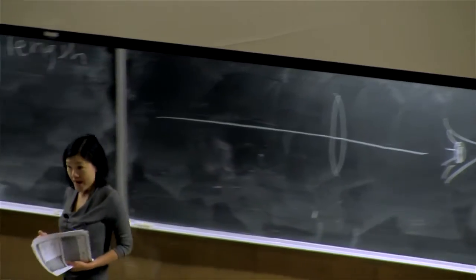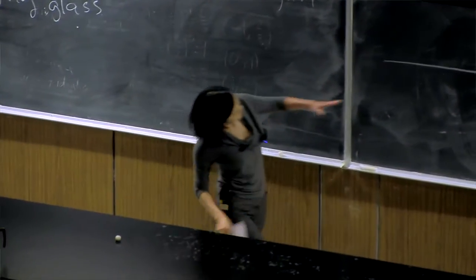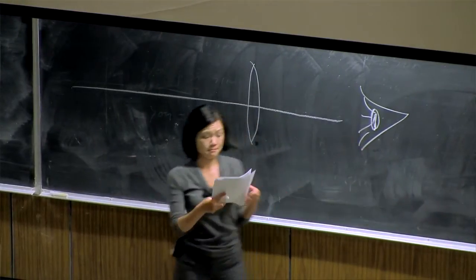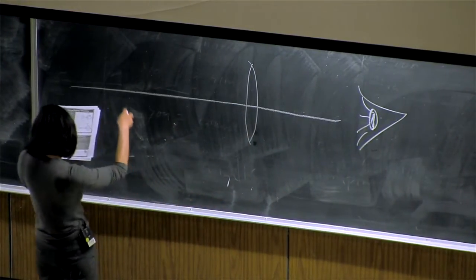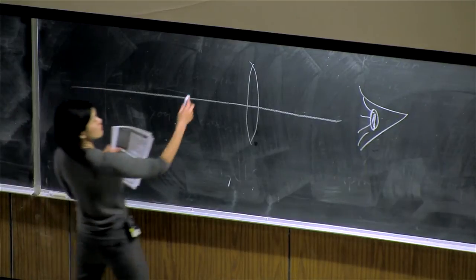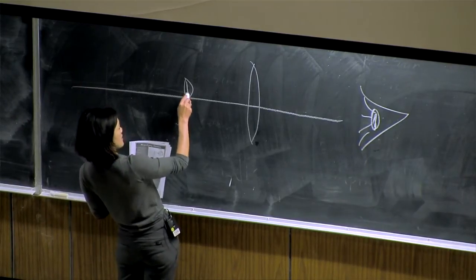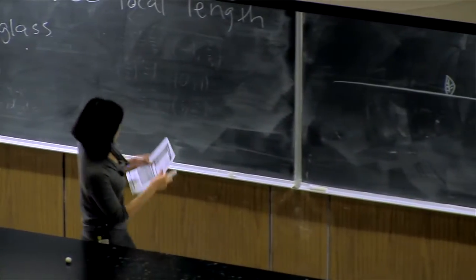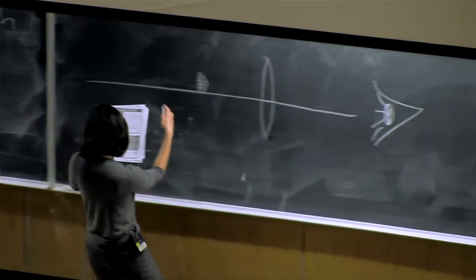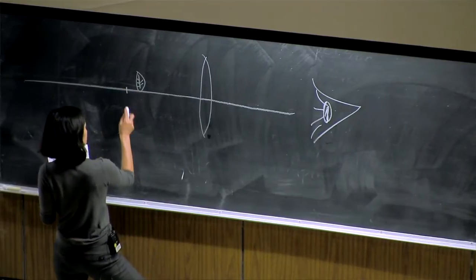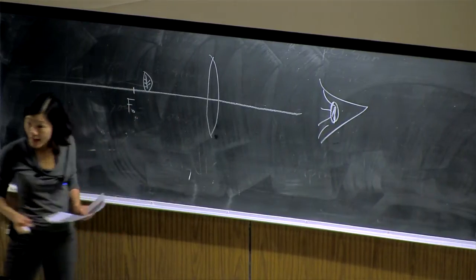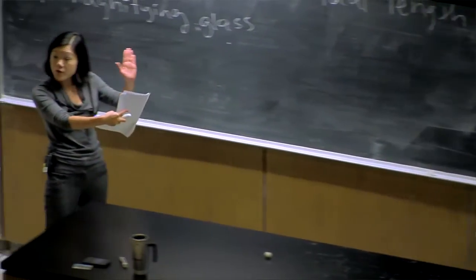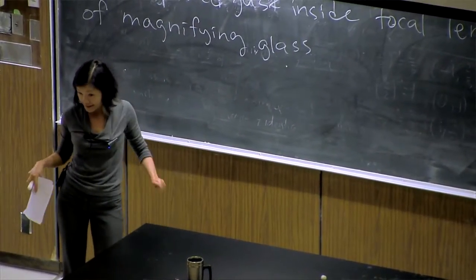All right, so suppose you have a magnifying glass, which is sitting right here, and this is your eye. And here's my object, say a leaf. And the location of the object is just inside the focal length of the magnifying glass.